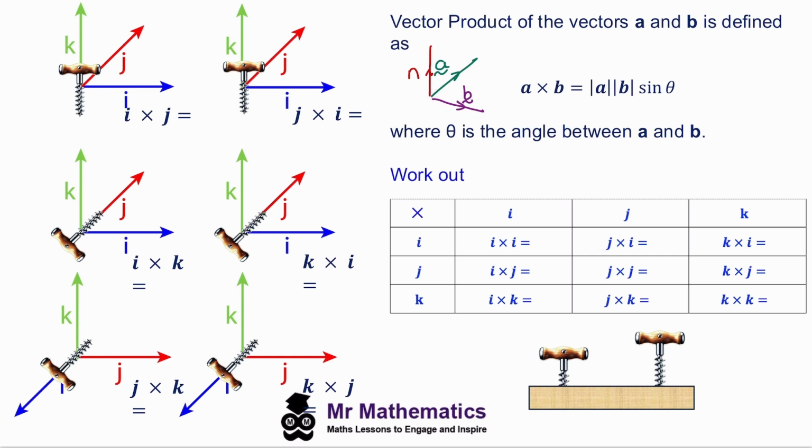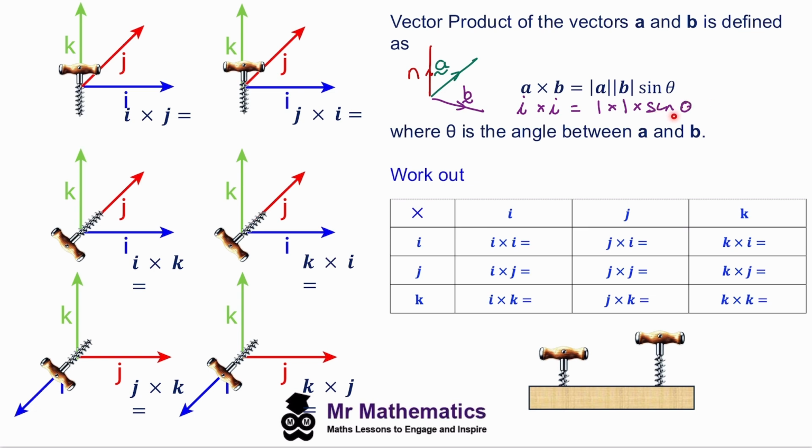Okay? So if we start with I crossed with I, well, the A will be I and the B will also be I. The magnitude of A, 1 is a unit vector, so we'll have a magnitude of 1, so will B, and we'll multiply this by the sine of the angle theta, and theta is the angle between the two vectors, which in this case are both I, and because they run parallel together, the angle between them will be 0.